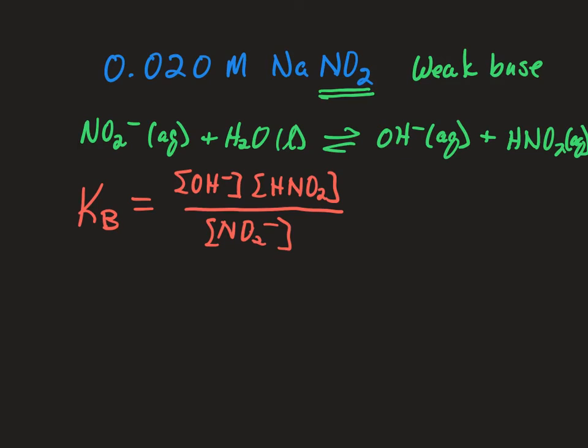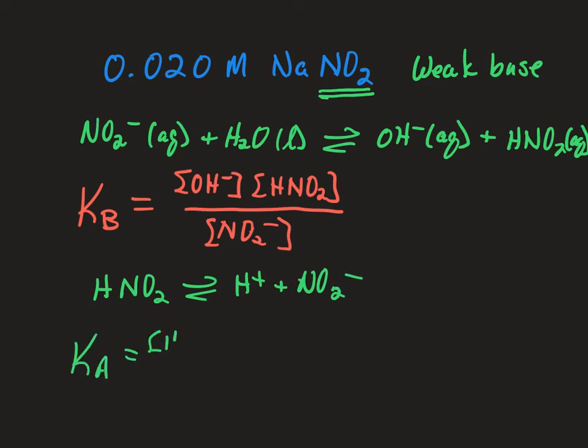Well, let's look at a particular situation here. If we look at our acid dissociation, we can write our Ka as concentration of hydrogen ions times concentration of nitrite ions divided by the concentration of undissociated nitrous acid.